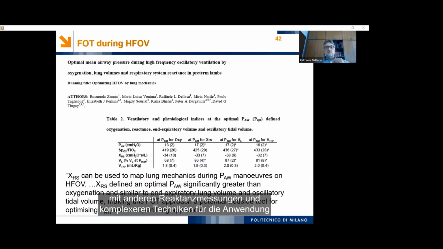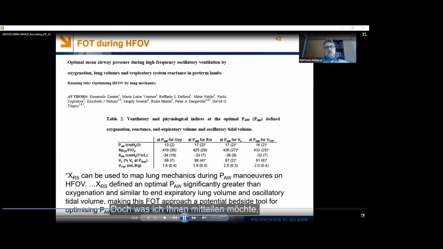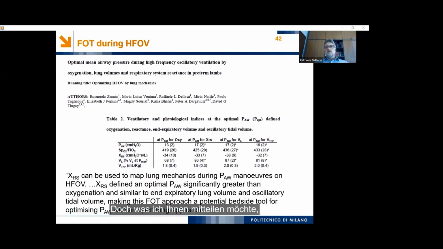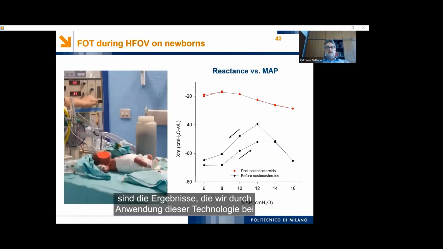We compared this technology with other state-of-the-art and more complex techniques to apply at the bedside, finding good agreement. But what I would like to share with you is the results that we can get when we apply this technology in preterm babies, mechanically ventilated preterm babies.